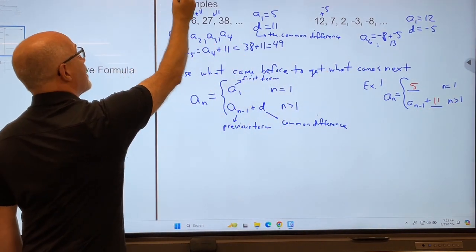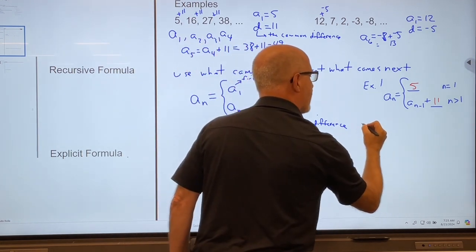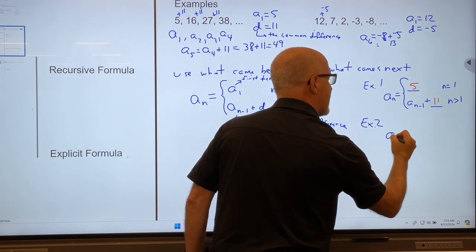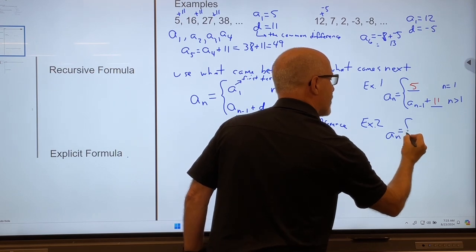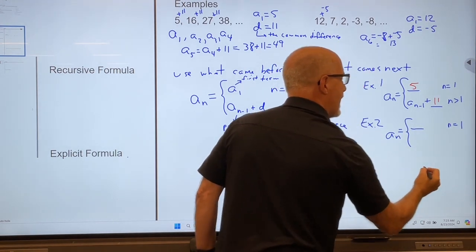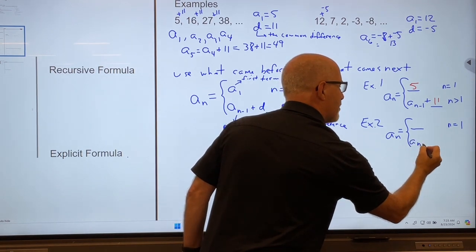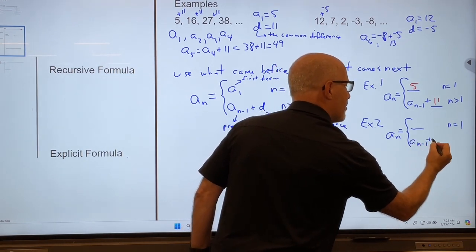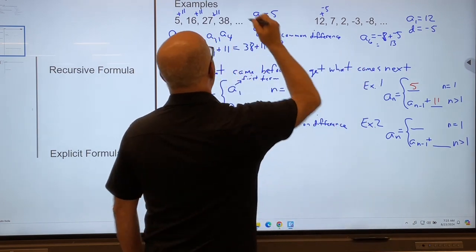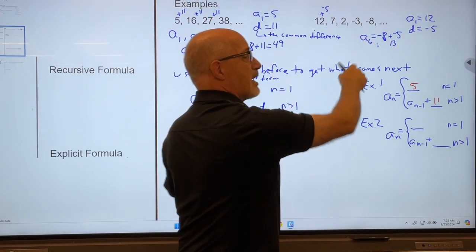Let's do the same thing with the second example here. It's going to look very much the same. A sub n equals, and you're going to have a blank spot for n equal to 1. And you're going to have the a sub n minus 1, the previous term, plus some common difference for n greater than 1. Let's go to the problem itself and pick those out.